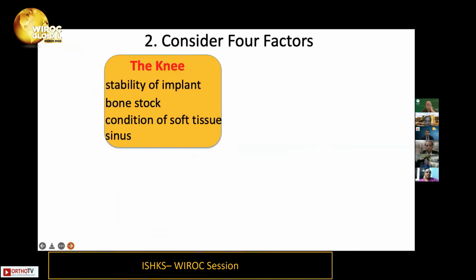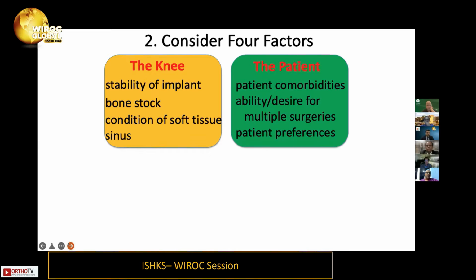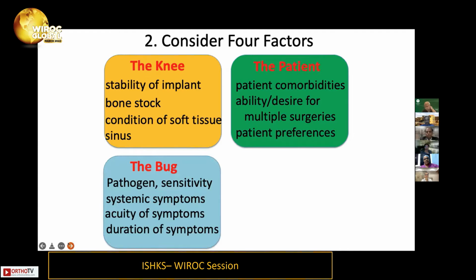Now, it's very important to consider 4 factors in making a decision how to treat the patient. The first is the knee: the stability of the implant, bone stock, soft tissue coverage, and the presence of sinuses. Whether the patient has comorbidities and is desirous of multiple surgeries, can undergo multiple surgeries, and the patient's treatment preferences are important.